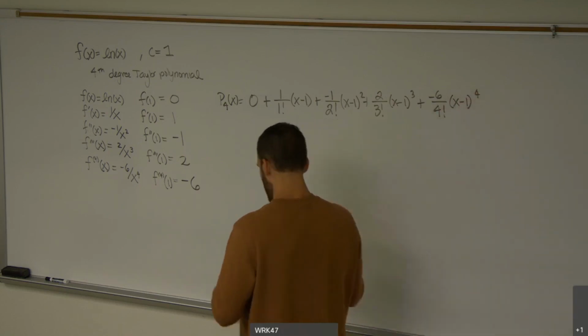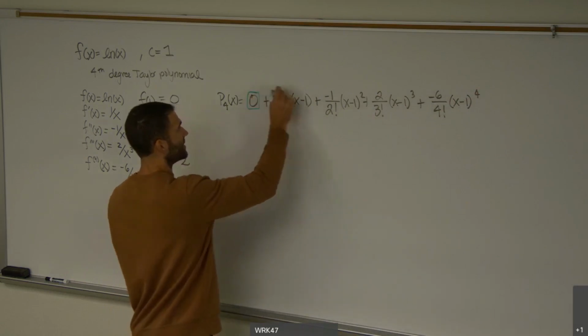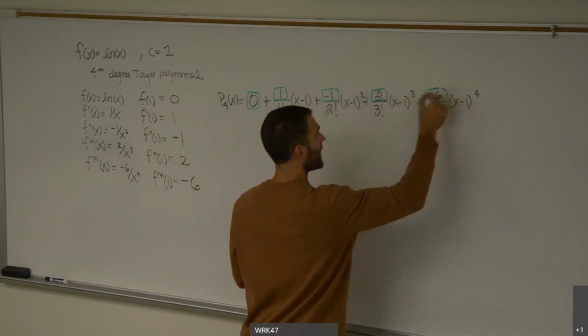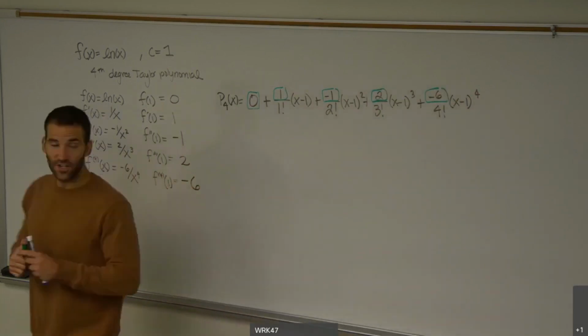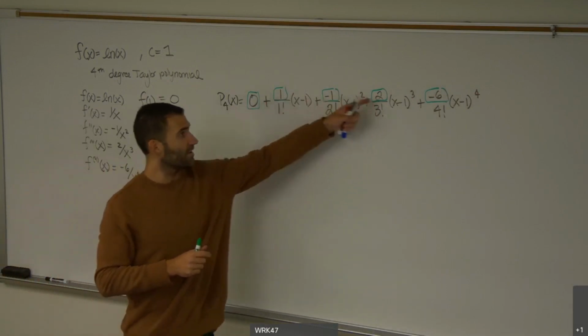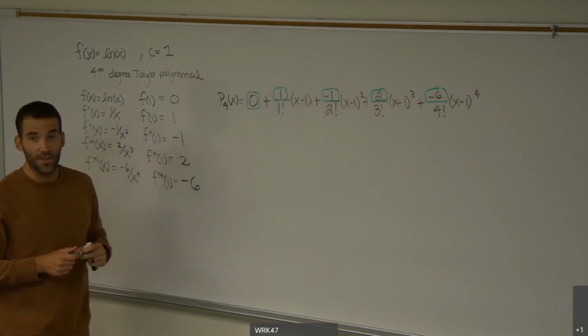That's just following my algorithm, right? Everything is prescribed for me. The only thing I need to fill in is these values here, which we just found. So any Taylor polynomial centered at 1 for any function will have the same look. The only difference will be what the outputs of my derivative, second derivative, third derivative, and 4th derivative are, and that's going to change what the polynomial looks like.